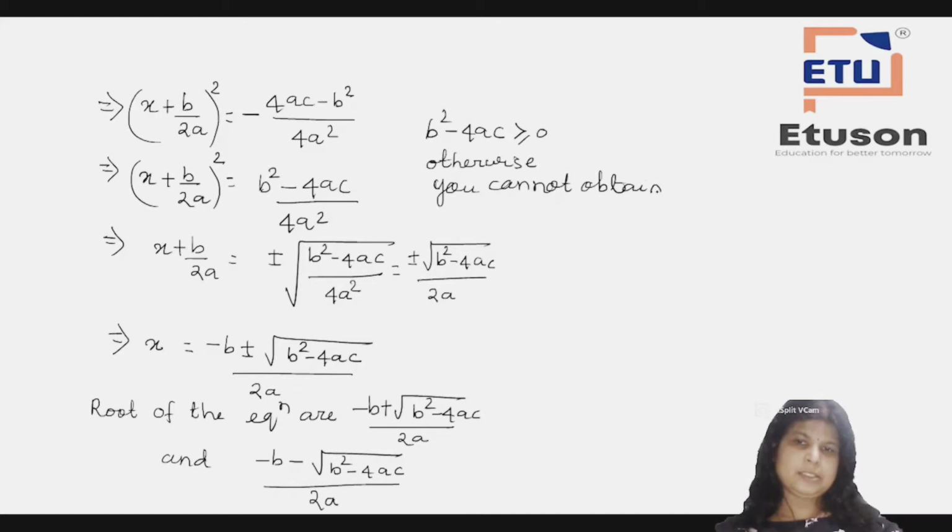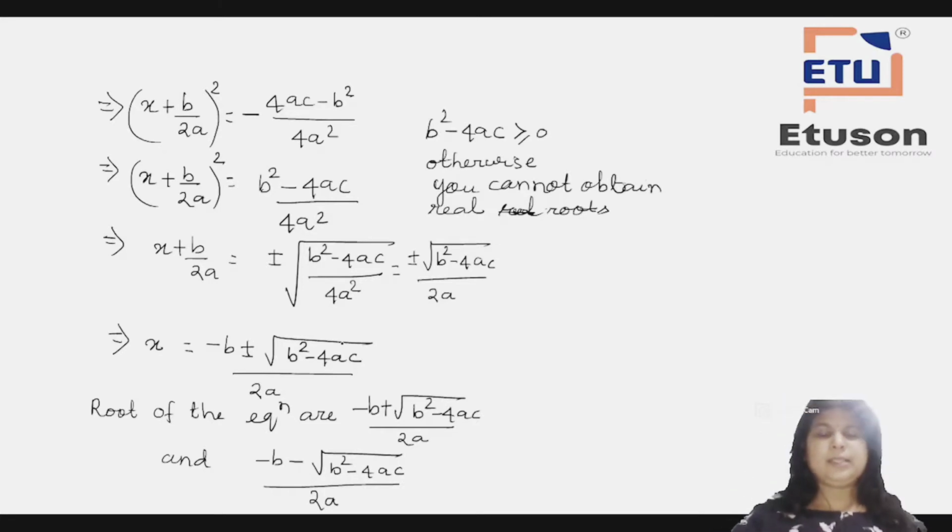So just imagine if it is a negative number, then the square root of a negative number cannot be a real number, right? So you cannot obtain real roots. So b square minus 4ac has to be greater than or equal to 0. And this formula which you have obtained is called what?